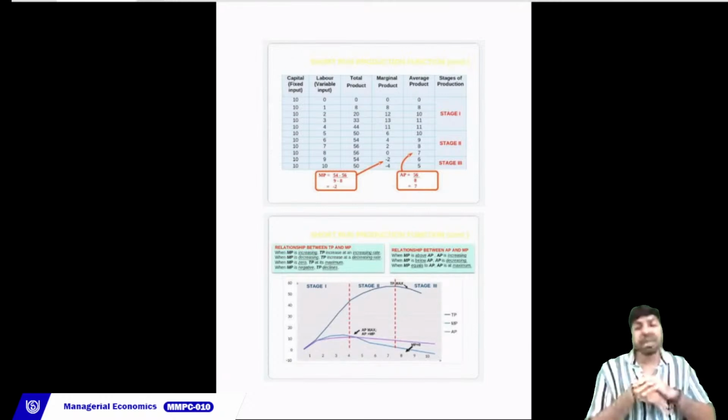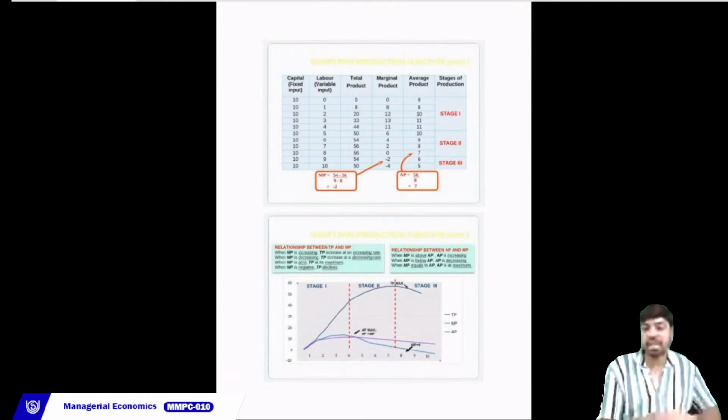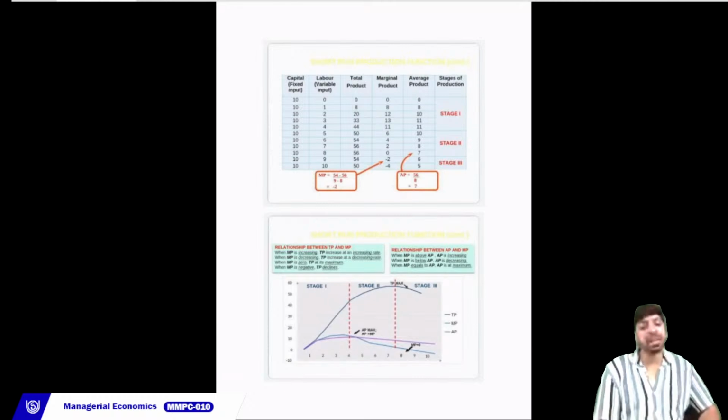But when MP is below the AP, there is a curve which is below the AP, that means average product is declining. When MP is above the AP, that means AP is increasing. If you see in the diagram, average product is above MP.